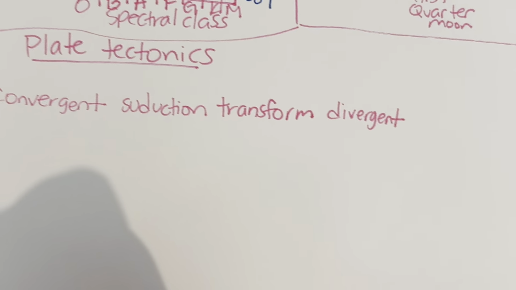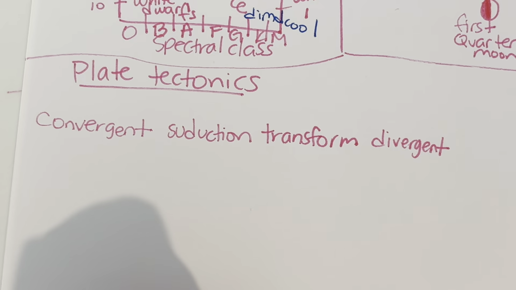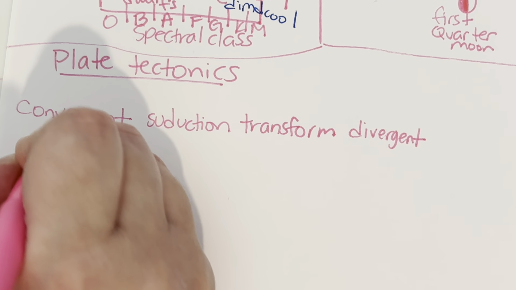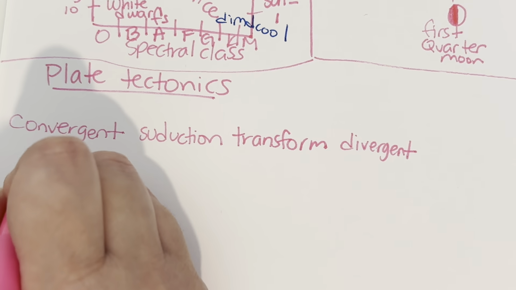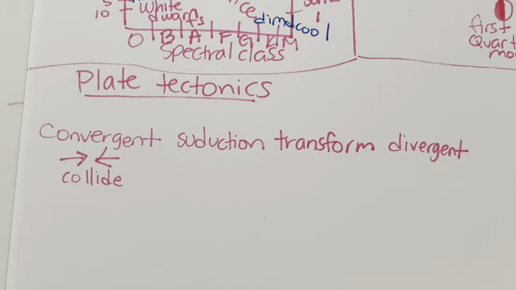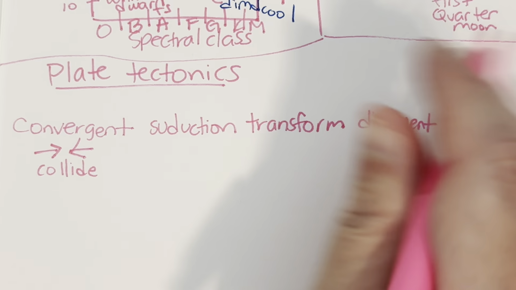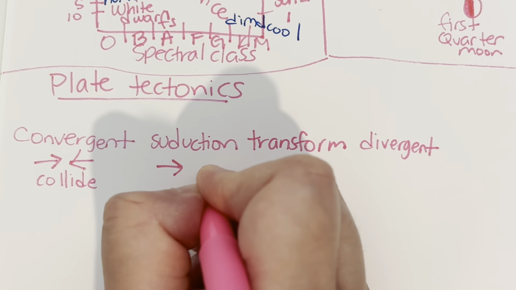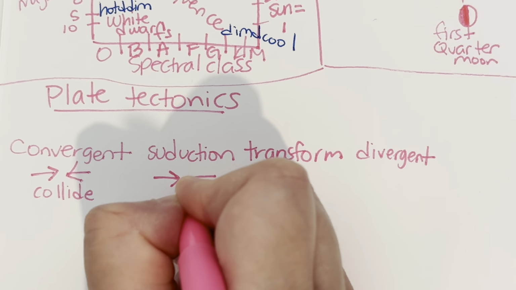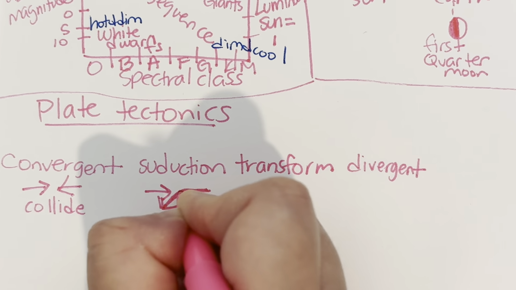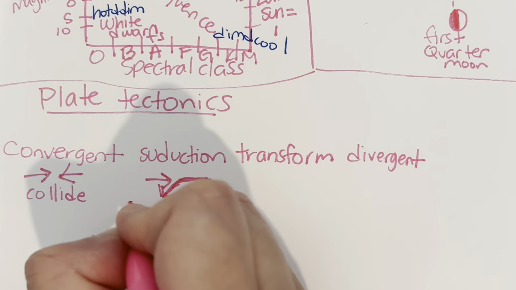So what is the movement of these? Convergent is when you have 2 plates that are colliding towards each other. They collide. Subduction would be when you have 2 plates that are also coming together, but one of them is going underneath the other.